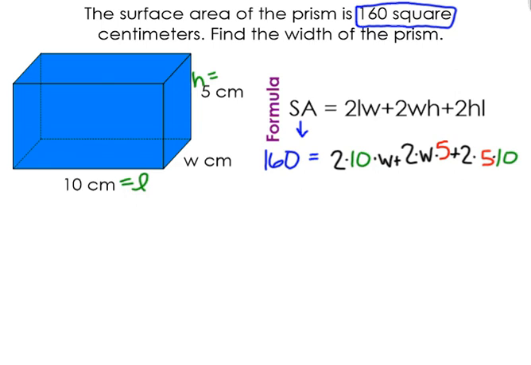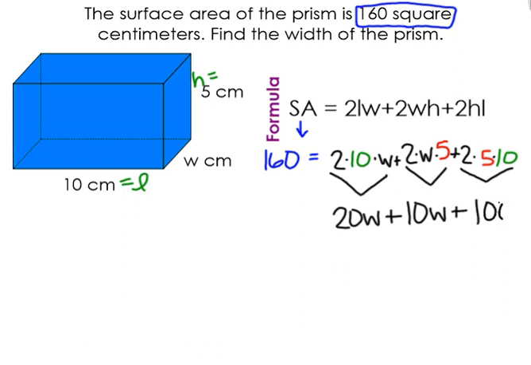Okay, let's combine stuff that can be combined. This expression can be simplified, this expression can be simplified, and so can this one. So 2 times 10 times W is 20W. 2 times W times 5 is 10W. And then 2 times 5 times 10 is 100.